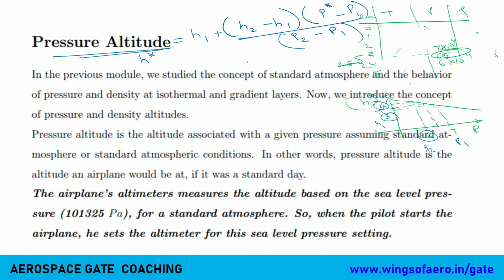Ma'am, P star is sea level? No, P star is given over here, unknown. This value is given. For the corresponding value, you are going to find the pressure altitude. This pressure is given to you, and for this value you need to find the pressure altitude. In the denominator, it is P2 minus P1.